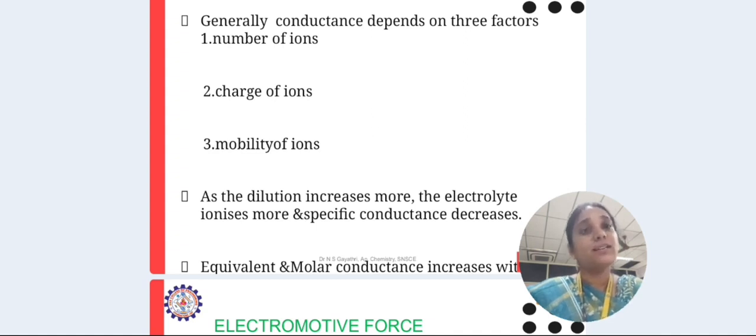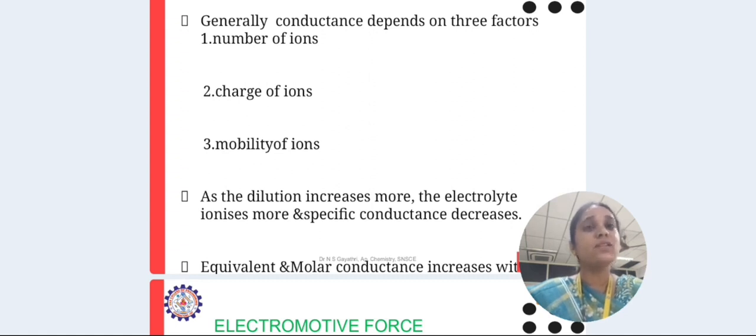Generally, conductance depends on three factors. Many other problems occur, but the major factors for the conductance dependence are these three. There are number of ions, charge of ions and mobility of ions. These three factors play an important role for the conductance.